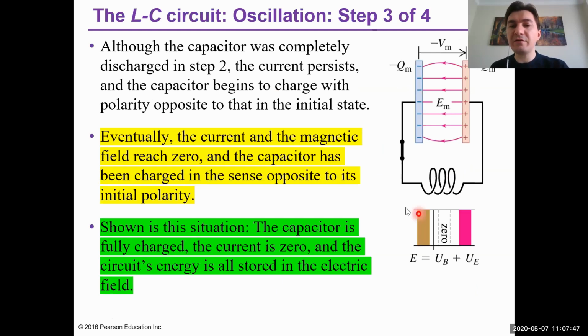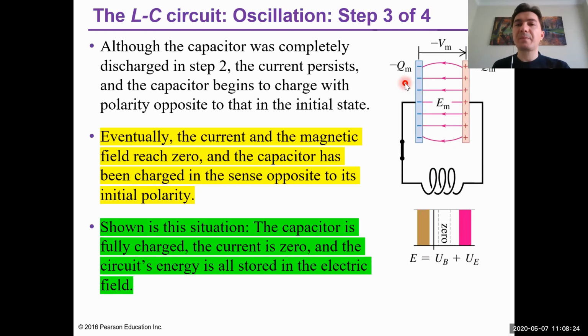So due to the direction of the EMF, we will have current in that direction, okay? So the current direction will be like this. Then positive charges will be collected on the right side of the capacitor, and negative charges will be collected on the left side of the capacitor.